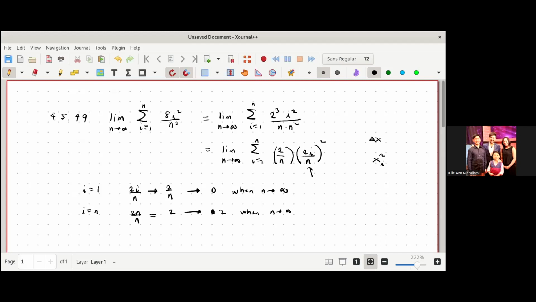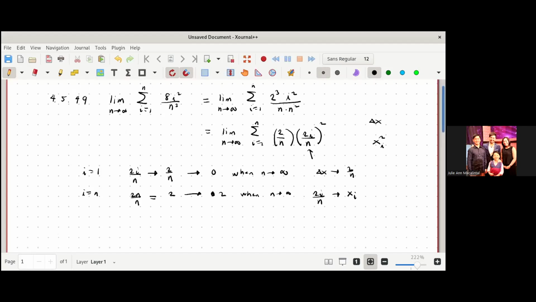Yeah. So, pwede natin identify ngayon yung 2i over n as that's going to be x sub i. Tapos yung delta x, that's going to be 2 over n.